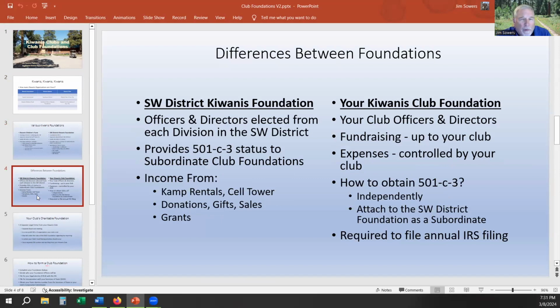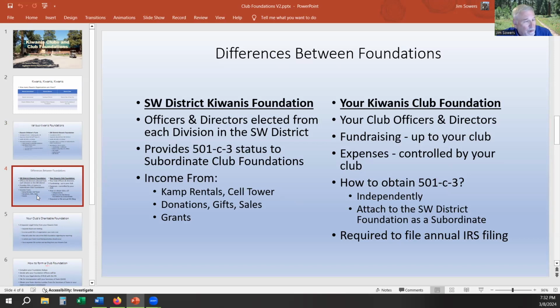Let's take a look at Southwest District. In essence, the Southwest District Kiwanis Foundation is the organization that Bob Breidenbach is the current president for, and I'm the treasurer for. And we have our own officers and directors, and they are not the same people as Southwest District, where Ken Garley is the executive director.